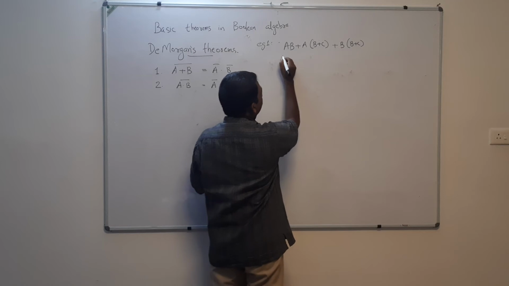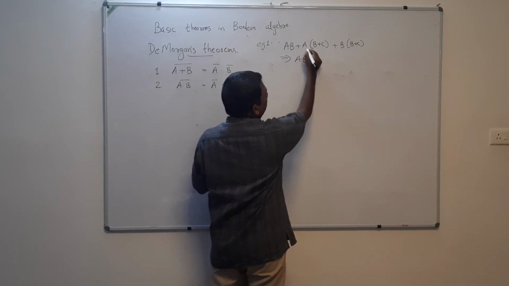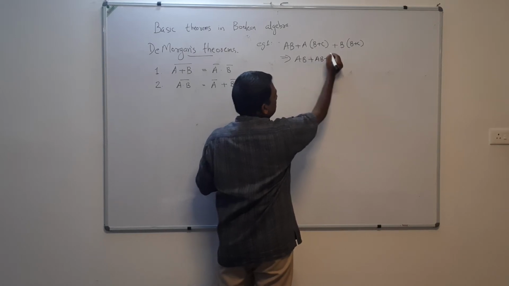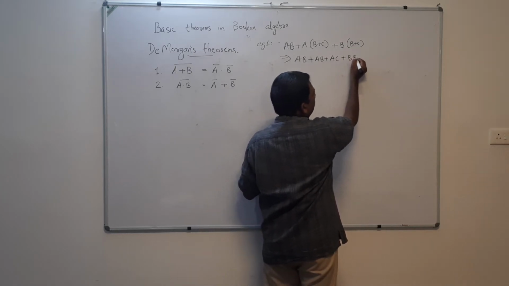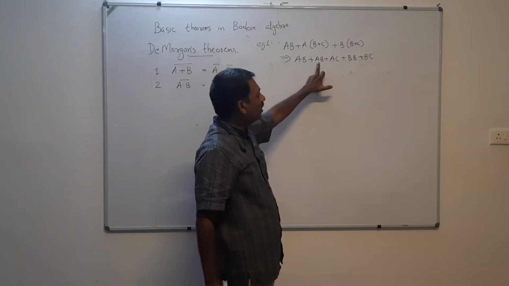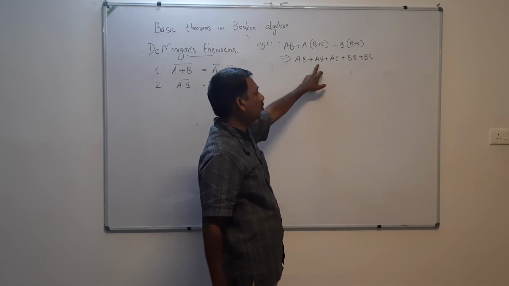Now, which is equivalent to AB plus A into B plus C is AB plus AC plus BB plus BC. See, AB or AB, 1 or 1 is 1 and 0 or 0 is 0, so A or A is equal to 1.